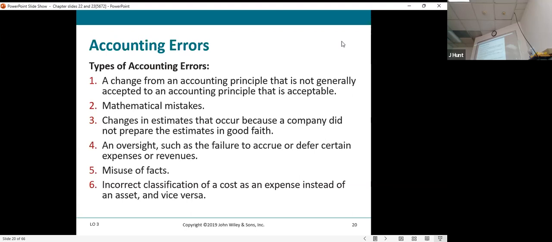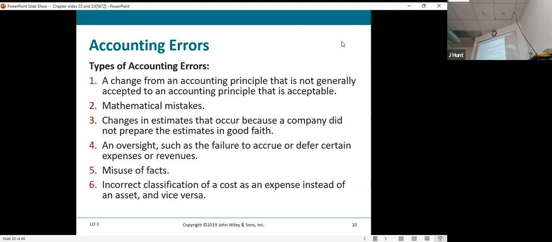Oversight failure to accrue or defer certain expenses and revenues. So auditors do this test at the end of the year to make sure you booked all your entries. They'll ask to see your bank statement for January if you have a December year end, and they'll want to look at your general ledger for January, February, and March.